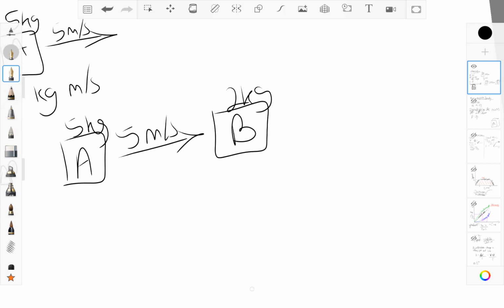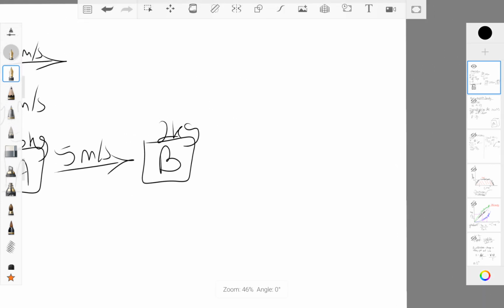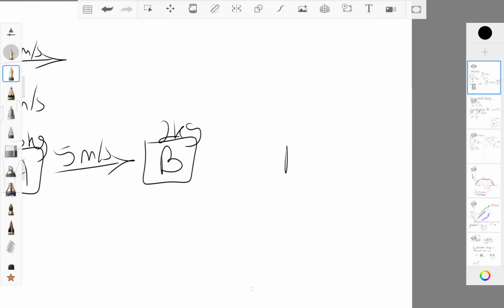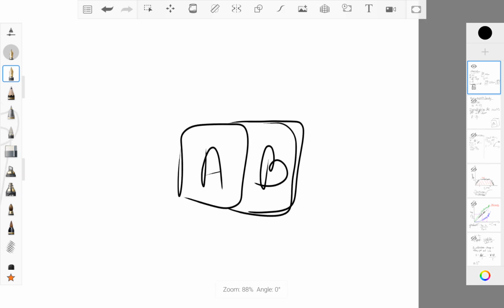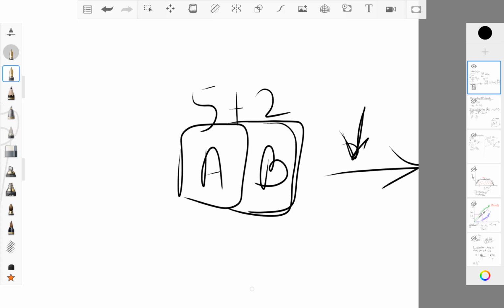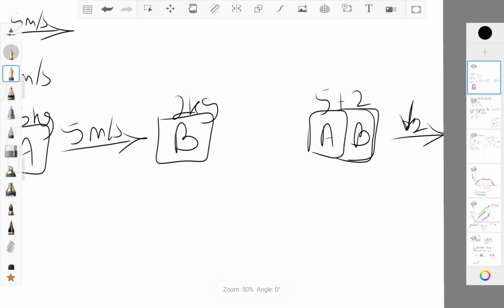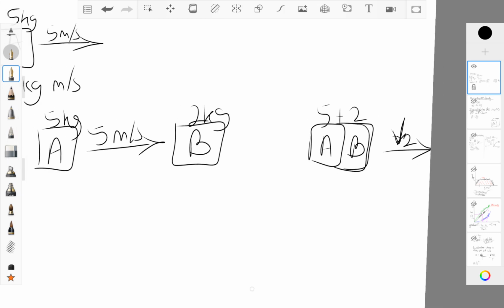Once A collides with B, both A and B are going to be moving, so this is 5 plus 2, at a speed of, let's call it V2. That's just what happens during collisions, because momentum is conserved during collisions or explosions.